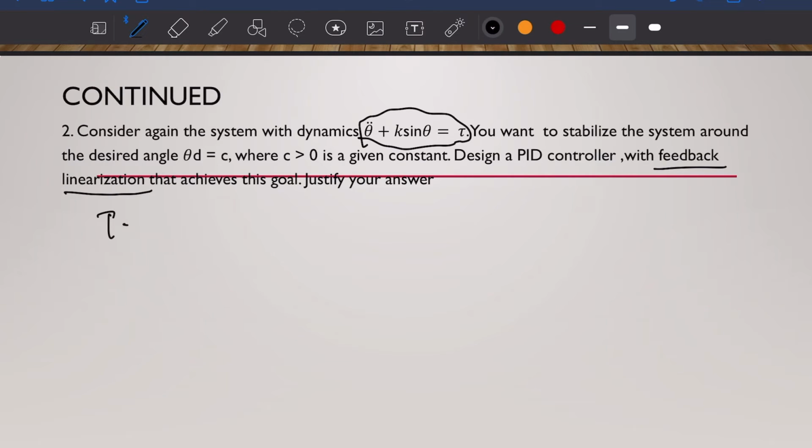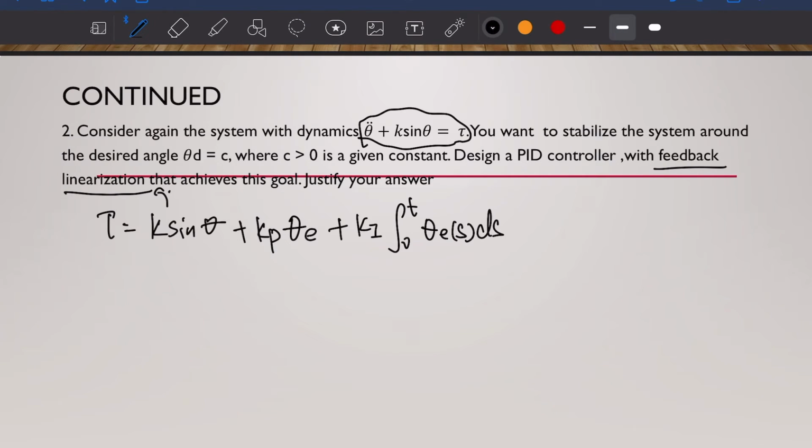So first we have a tau with a K sine theta. That's for the feedback linearization. That's why we have a K times the sine theta term right here. And then we have the Kp times the theta E. That's the P control. Then we have a Ki times the integral of theta E ds. That's our integral control. And we have a derivative control, that's theta dot E. There you go.